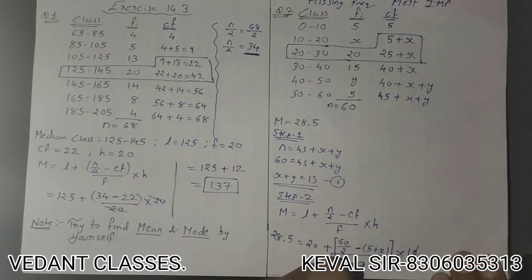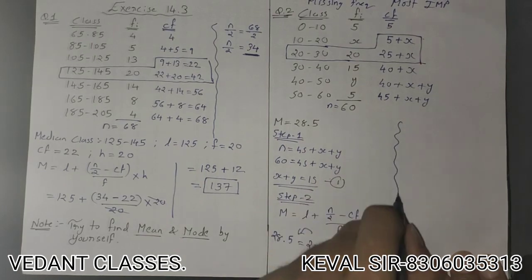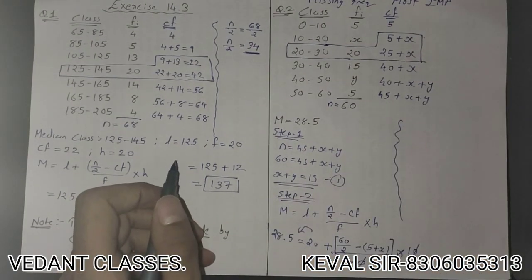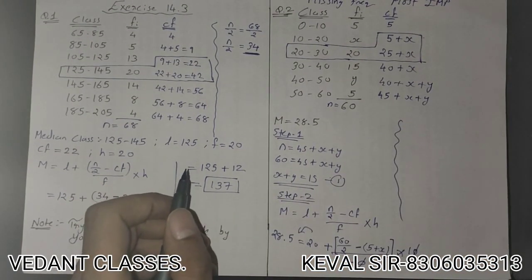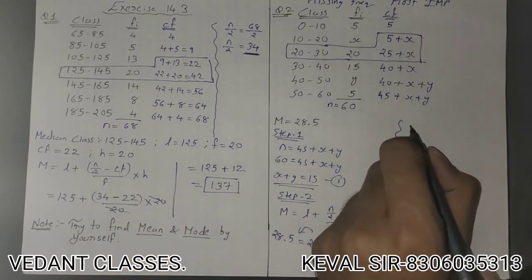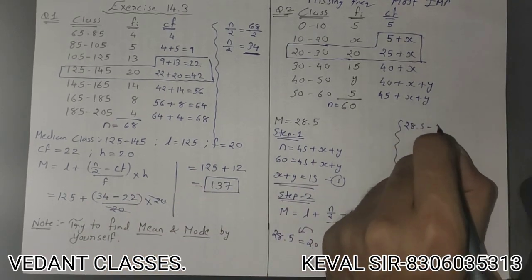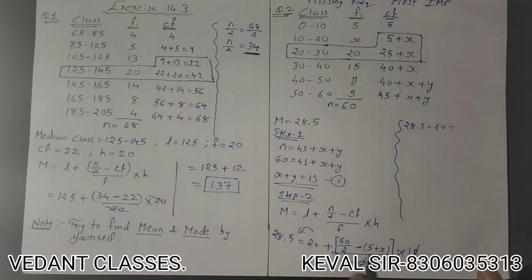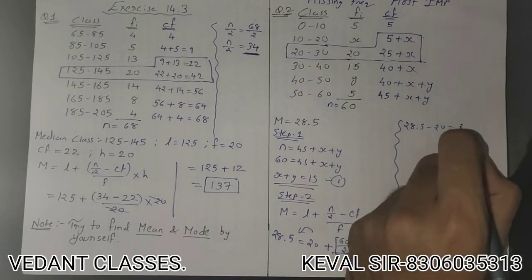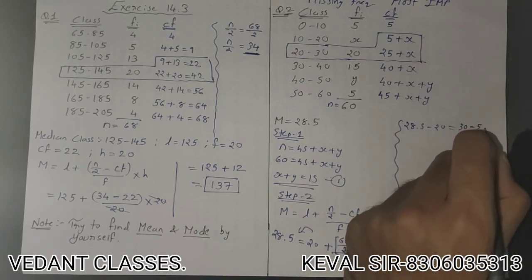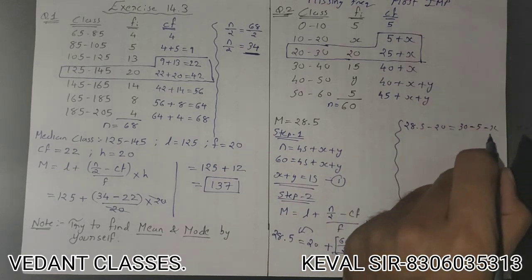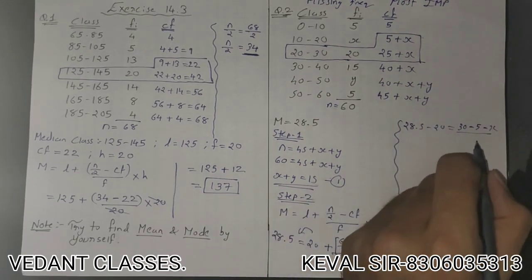Okay, so you can just easily cancel it out, take 20 over that side. So 28.5 minus 20 equals, here it will be 30 minus 5 minus x, and in the denominator there will be a 2.